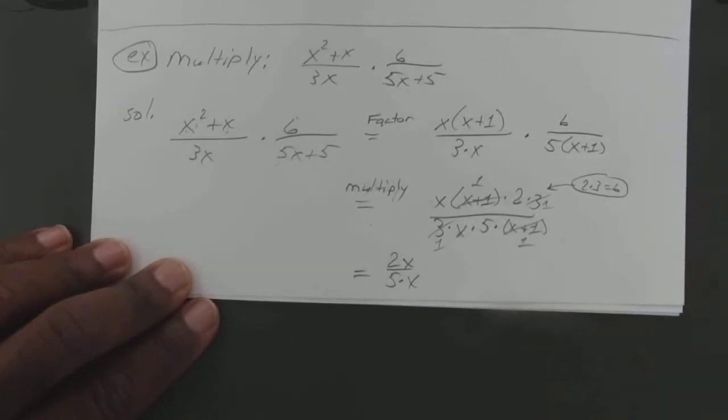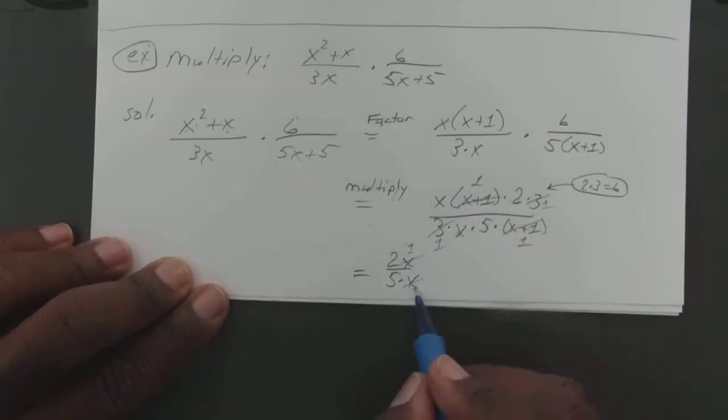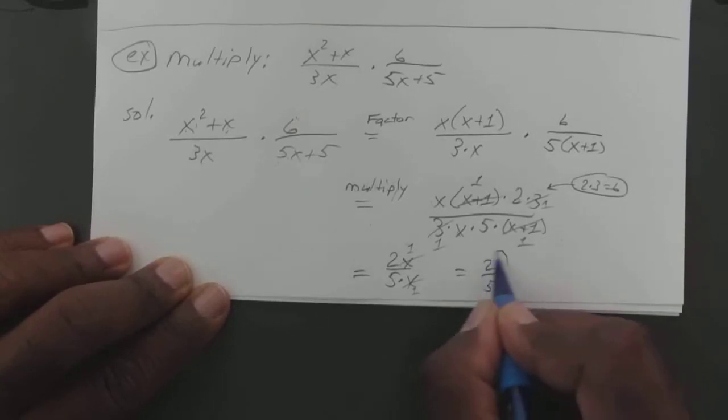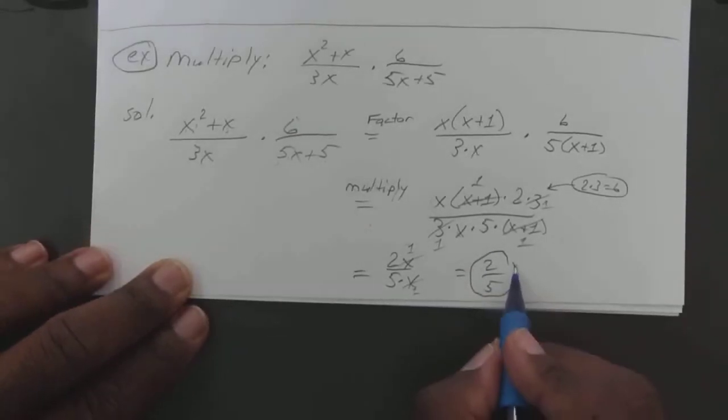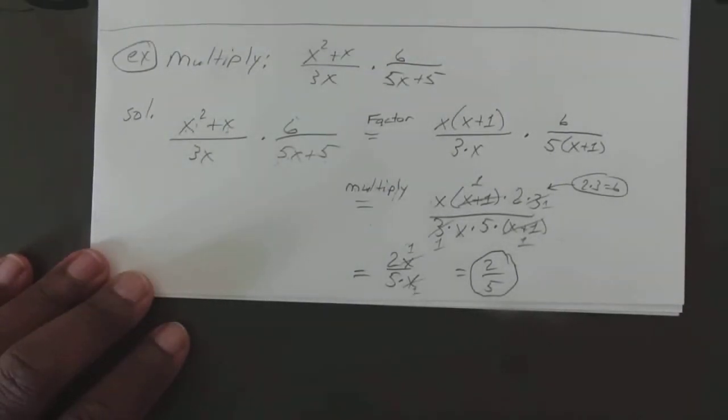And just in case you miss one, you can always cancel it again later, which we did here. We missed the x's. Those cancel out. So you end up with 2 over 5. All right. So any questions on that one? No, right?